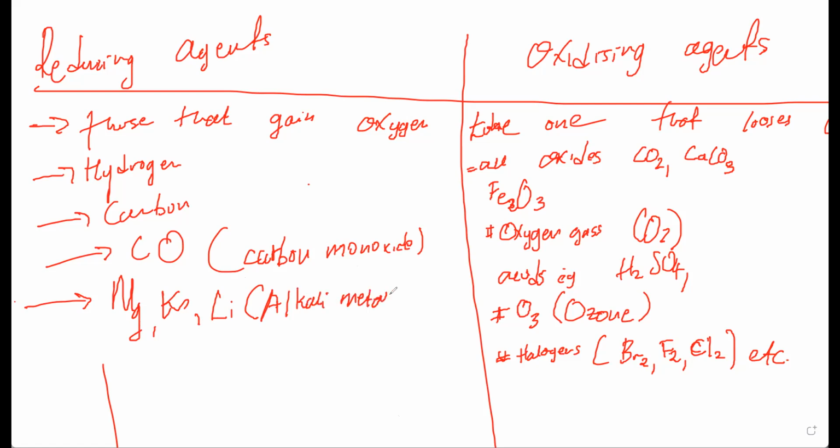So you should be in a better position to know this. Are we together? Okay, let me give you an example of one redox reaction, and then you should be in a better position to identify the reducing agent and the oxidizing agent, and the half reactions.